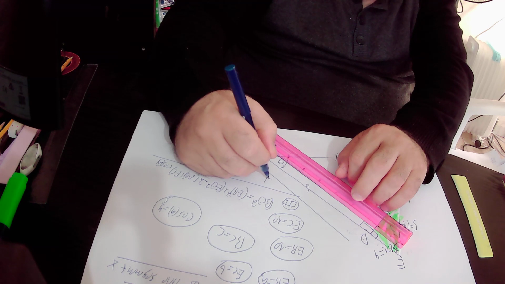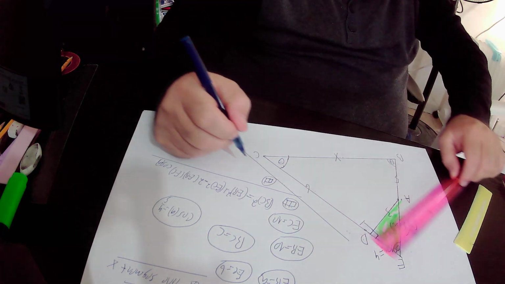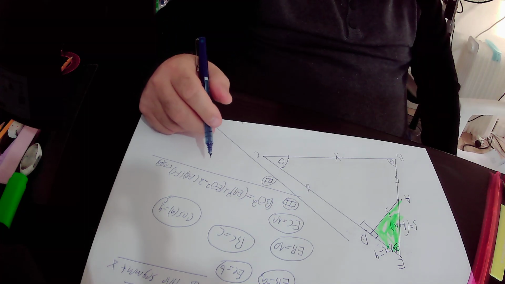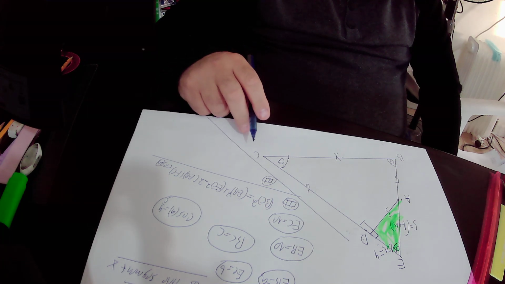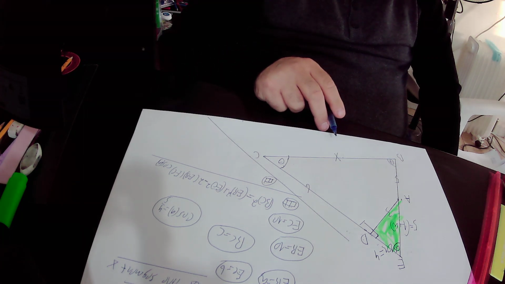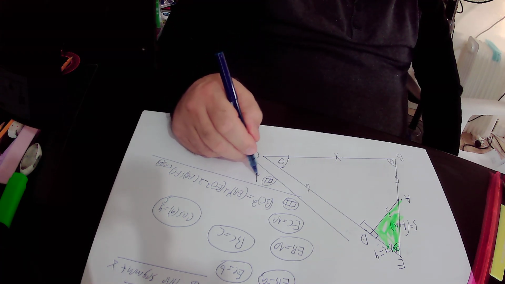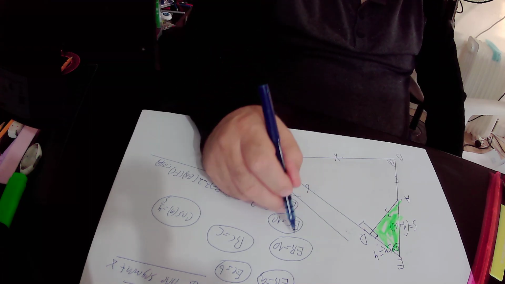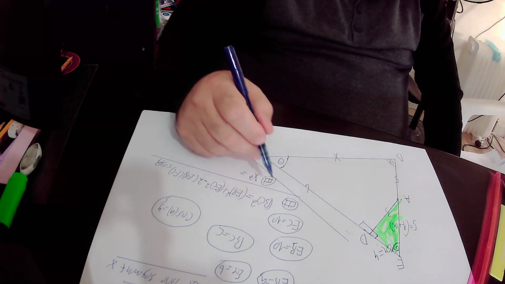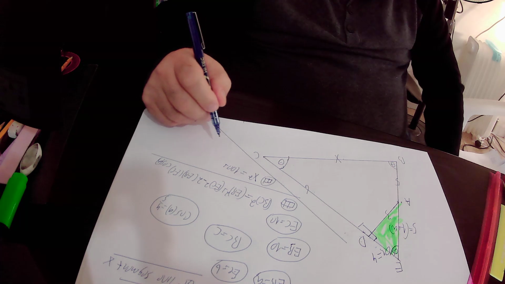So according to equation number 3, BC equals x, so BC squared is x squared, and it is equal to EB squared. EB equals 10, so EB squared is 10 squared, that is 100, plus EC squared.